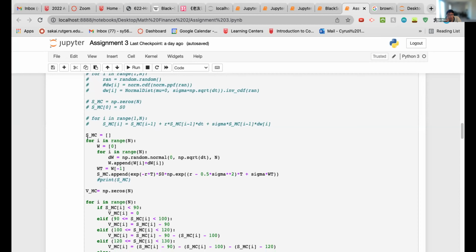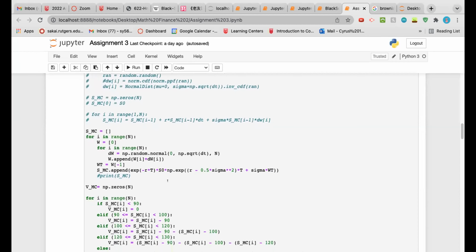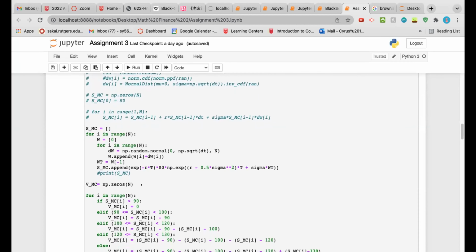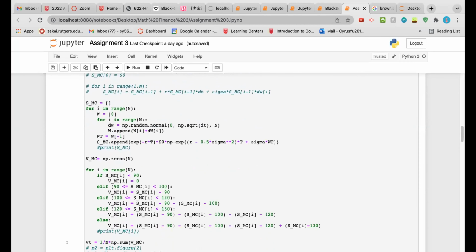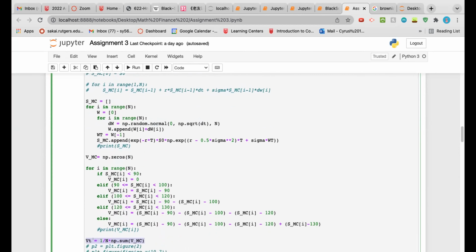So I do a double loop, generate a list of payoff values, and take the average in the end. Yeah, that looks fine. Go down.